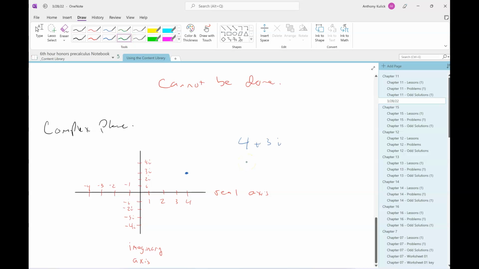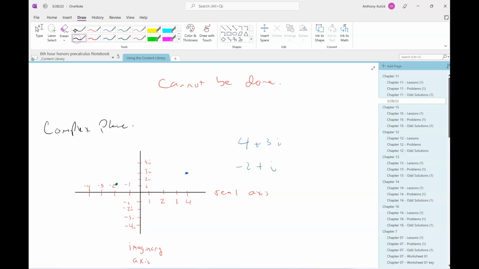Or if I wanted to do negative 2 plus i, I would go 2 to the left on the real axis and 1 up on the imaginary axis. This is basically the same as plotting points, right? Same idea, not decidedly different. Everybody's cool with this?